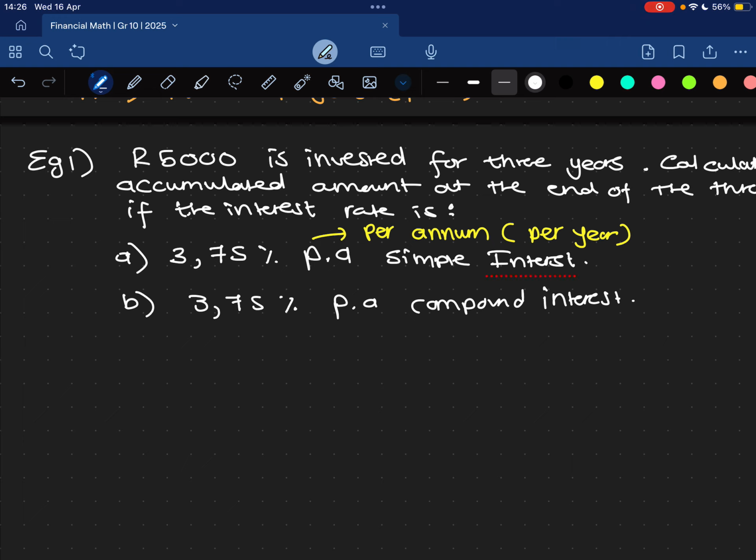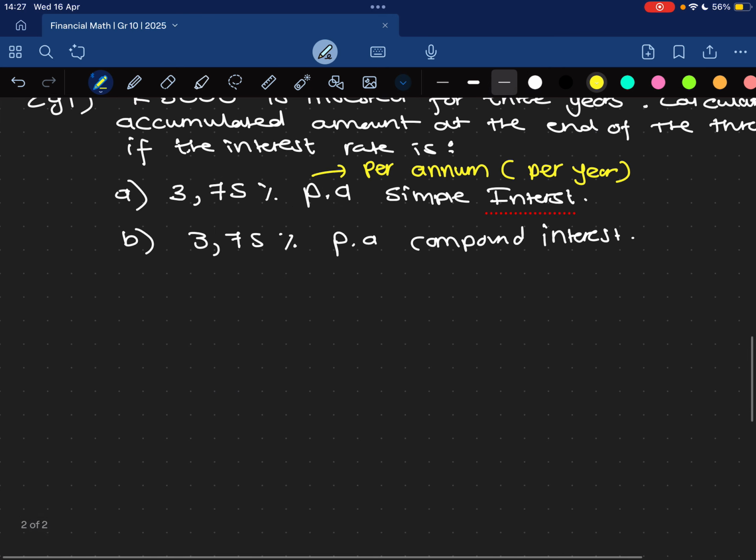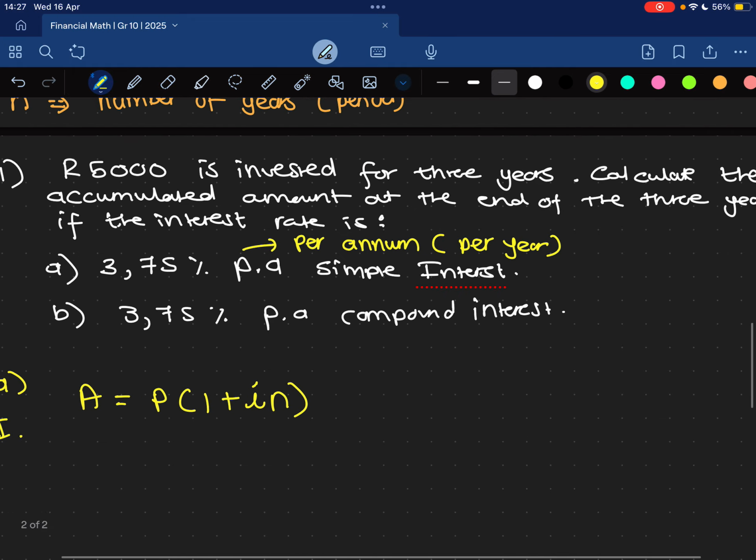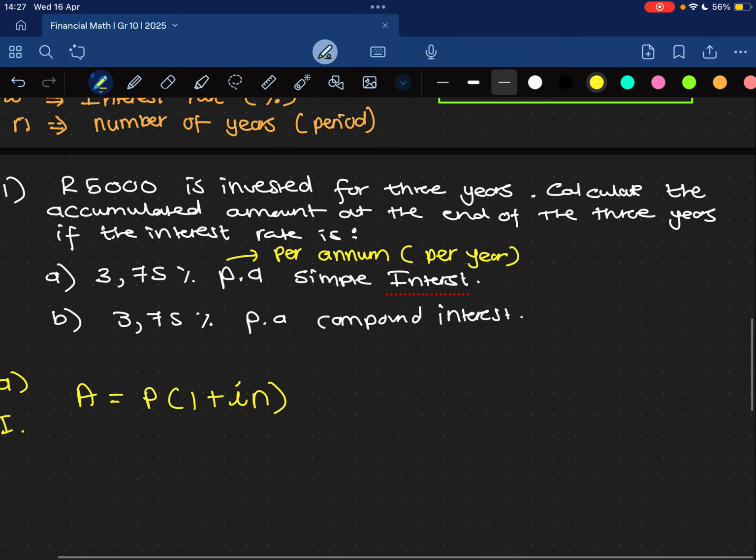Okay, so the first one, you'll start by writing out the formula. Now, because it is simple interest, you're going to use the formula A is equal to P(1 plus i times n). Now, you're going to have to identify in the question what each value is.